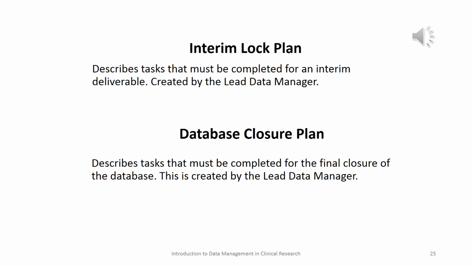We may have it reviewed by an outside organization, a data safety management board, and what we're trying to review is primarily safety data, to make sure that we're not exposing patients to adverse safety risk. But we'll do that at various points during the trial. So this interim lock plan will explain how we're supposed to do that.